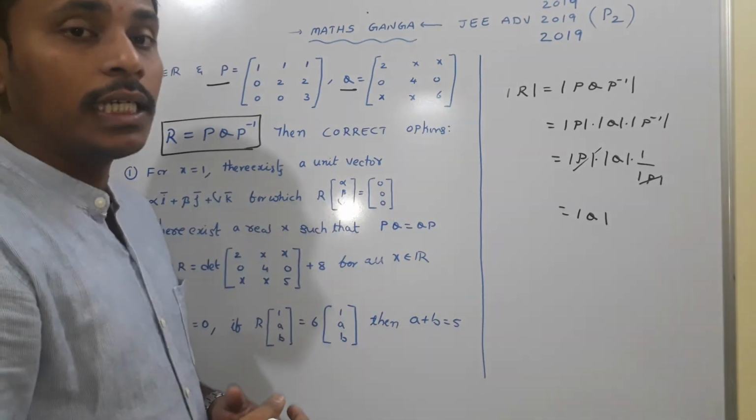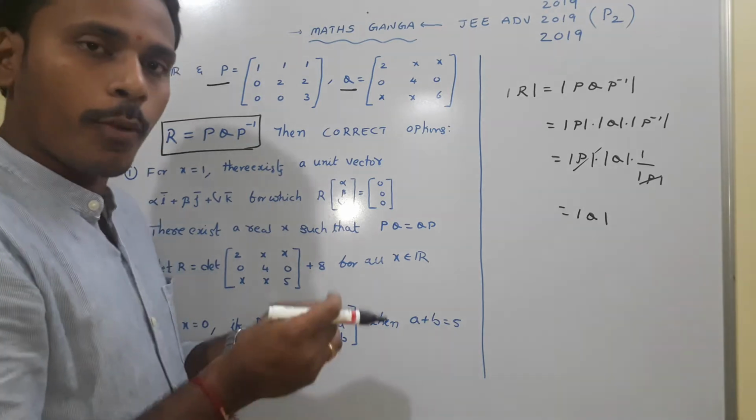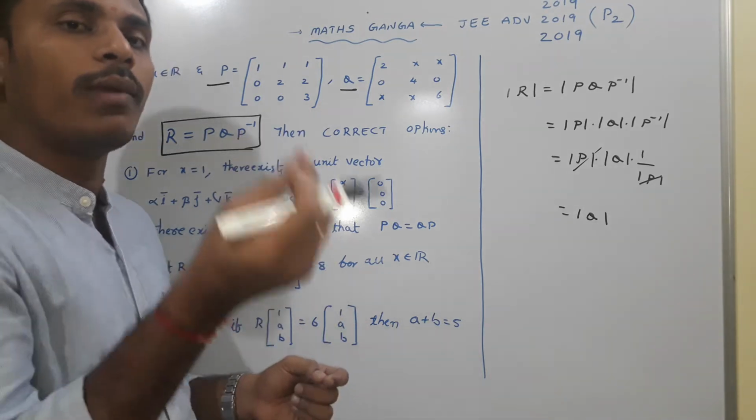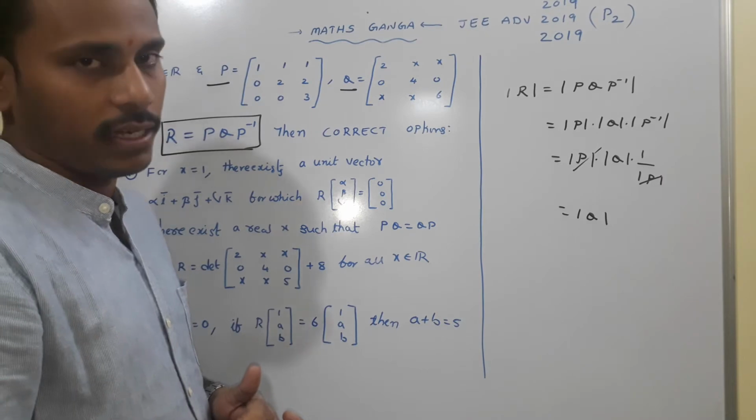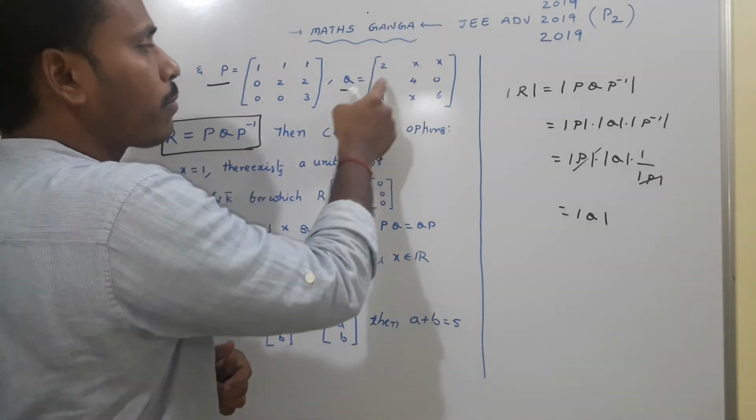We know that the determinant of a matrix is the sum of the products of the elements multiplied with their corresponding cofactors, along with the signs. The signs are plus, minus, plus, minus, plus.